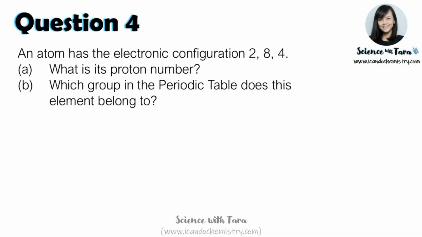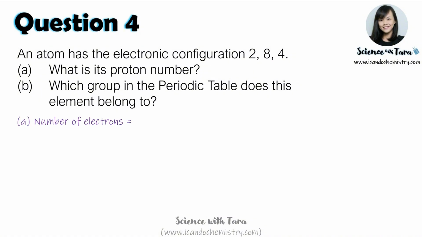Question 4. An atom has the electronic configuration 2, 8, 4. Part A, what is the proton number? And part B, which group in the periodic table does this element belong to? Now, same as question 3, let's work out the number of electrons, and from there we'll be able to determine the number of protons. 2 plus 8 plus 4 is 14.